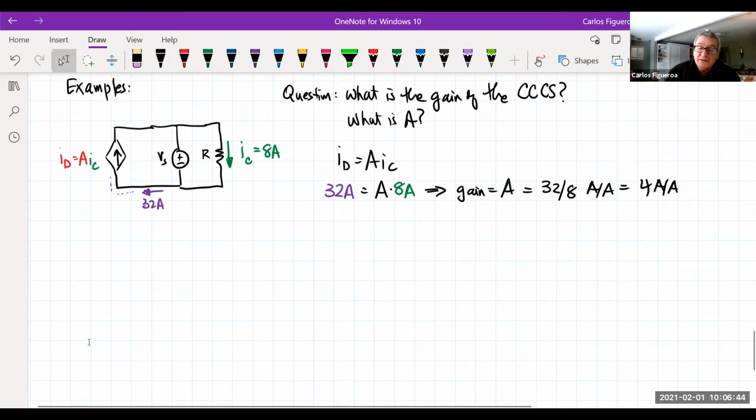Now, let's look at this slightly differently. As another example, let's think about this circuit here.